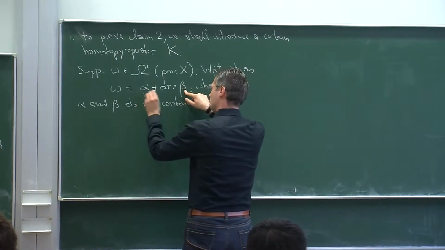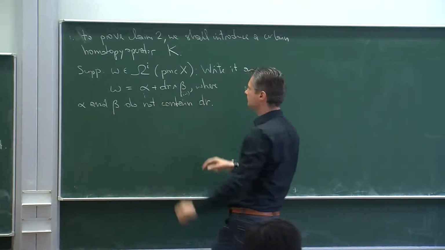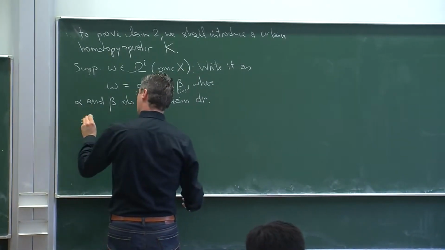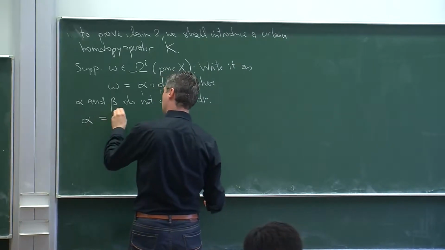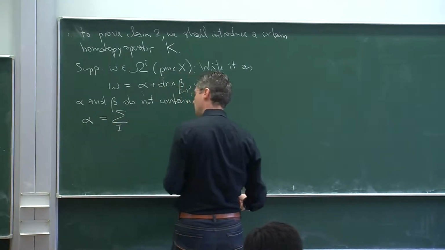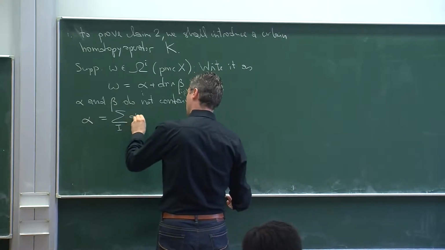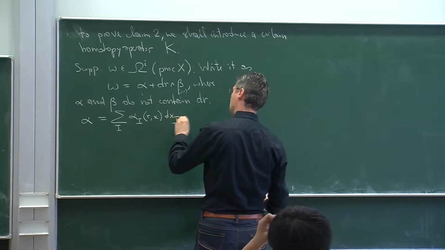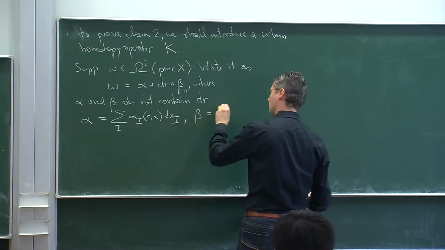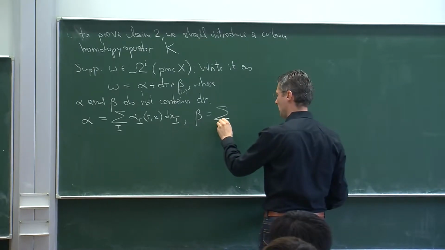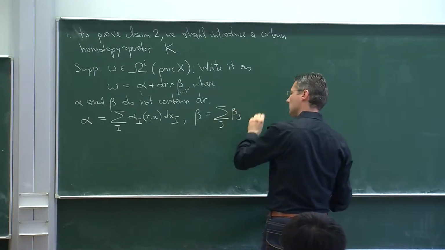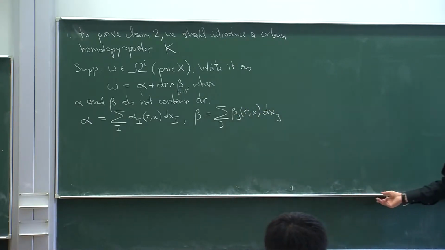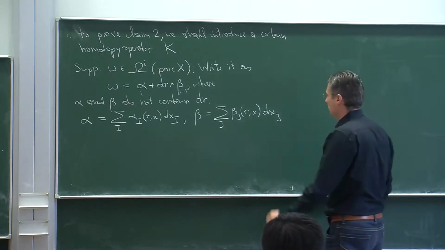Right? This is an I form, this is an I minus 1 form. And so in fact, if you write it in coordinates, alpha will take the form sum over I-tuples capital I, alpha_I(r,x) dx_I, and similarly beta will take the form sum over I minus 1 tuples J, beta_J(r,x) dx_J. No dr, right? So we can write the form like this.